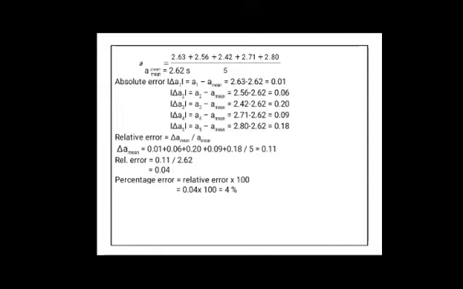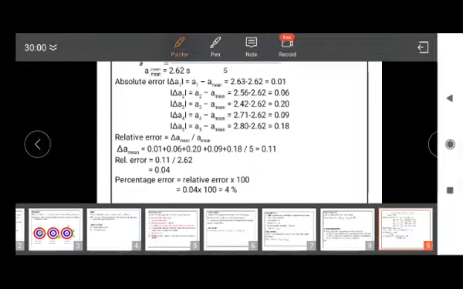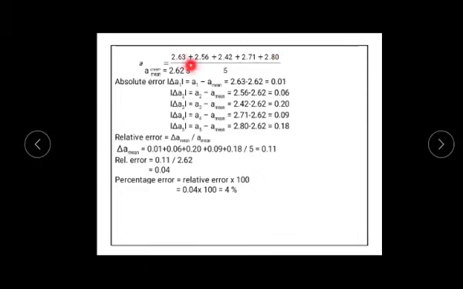So first, what we have to do? Take all the values, add them, divide by the number of readings, you will get A mean. After getting A mean, it becomes our true value. Individual value minus true value gives absolute error. This is for the first reading, then second, third, fourth reading and fifth value.